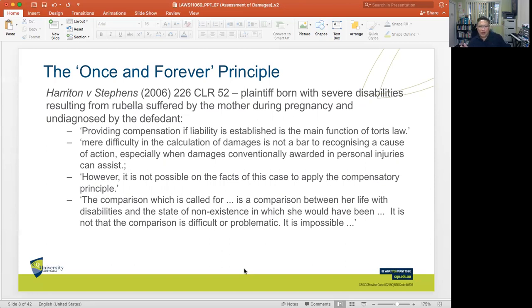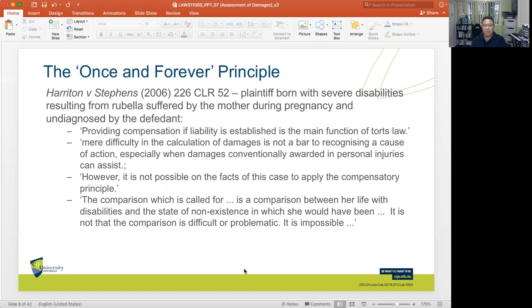However, in this particular case, the court said that it was not possible on the facts to apply the compensatory principle, because the comparison which is called for is a comparison between her life with disabilities and the state of non-existence in which she would have been.